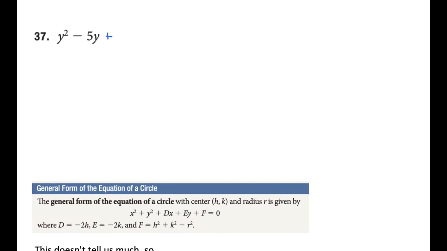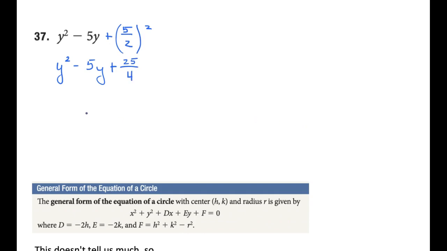All right, so let's try that again. So this one is y squared. It doesn't matter if it's x or y. The variable is y this time. So you want to take half of the y term in this case. So that's 5 halves, and you want to square it. So I'll just write that out this time to make it more clear. 5 halves squared. So that means what this looks like is y squared minus 5y plus, when you square a fraction, you want to square the top and square the bottom.